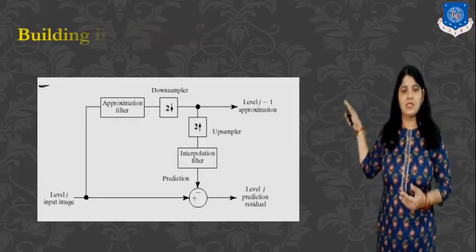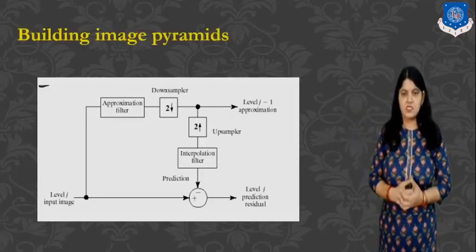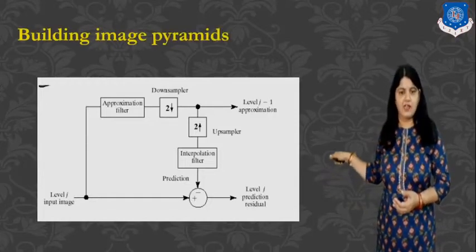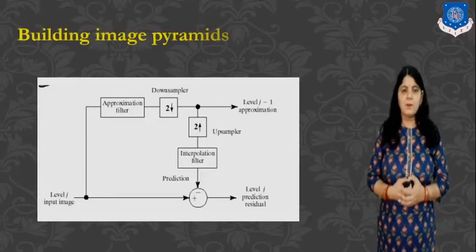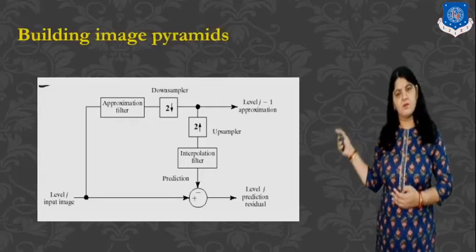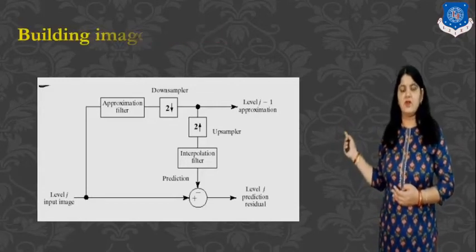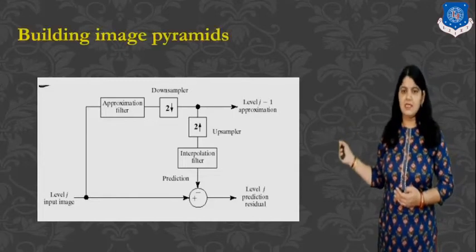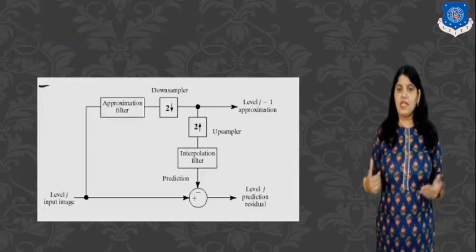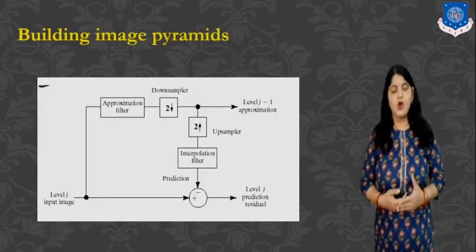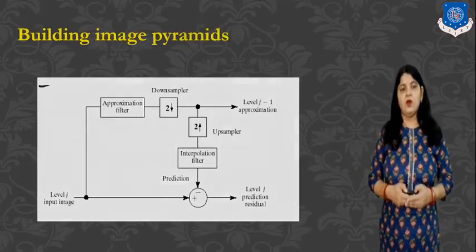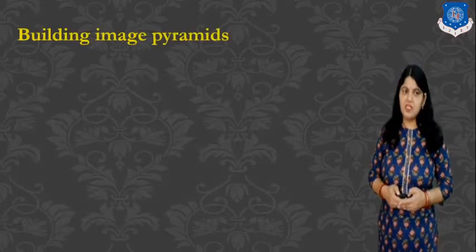That value comes out as the level J minus 1 approximation. The same value is then upsampled by a factor of 2 and given to the interpolation filter, and this interpolation filter gives the predicted output. So one output is the approximate value of the pixel, and the other is the prediction value of the image pyramid.